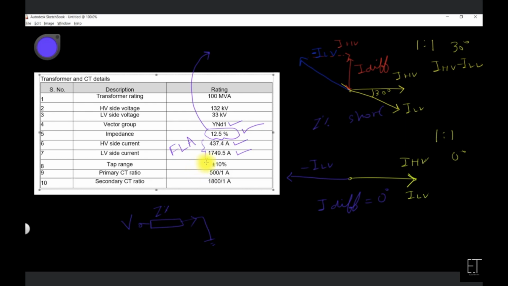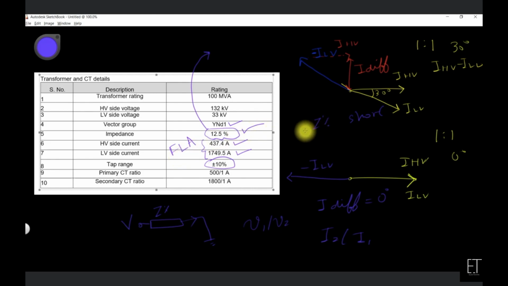Next you can see the tap change range. This is plus minus 10%. Why are we considering a tap change range in our differential calculation? It is because whenever you change the taps, you are changing the voltage ratios V1 or V2, and you are also changing the current ratios I2 by I1. So it means you are changing the transformation ratio.